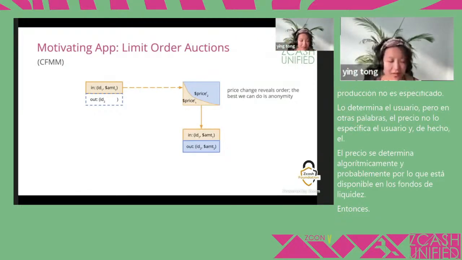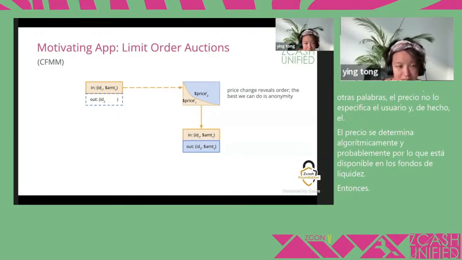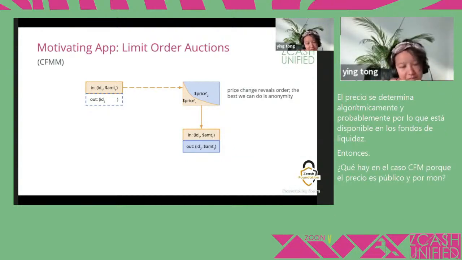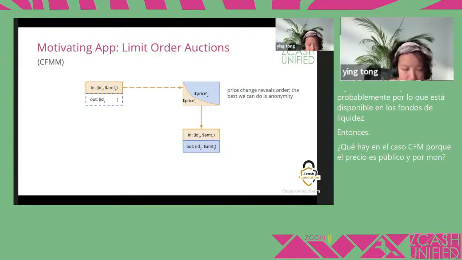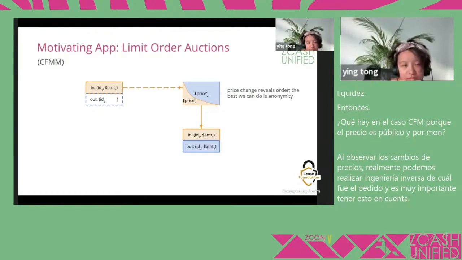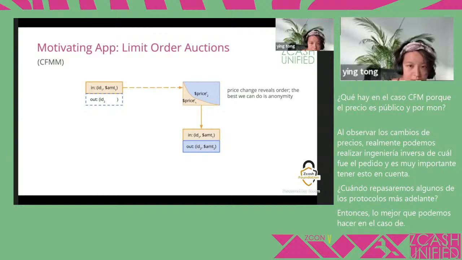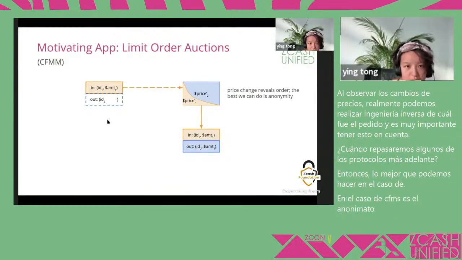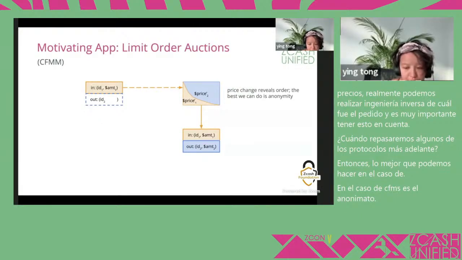In the CFMM case, because the price is public, by monitoring the price changes, we can trivially reverse engineer what the order was. This is very important to keep in mind when we go over some of the protocols later on. So the best we can do in the case of CFMMs is anonymity, unless we introduce batch auctions. We'll see later on how that's done.